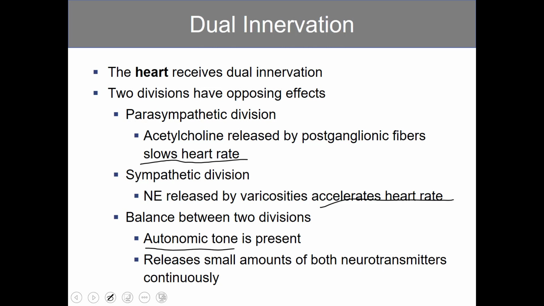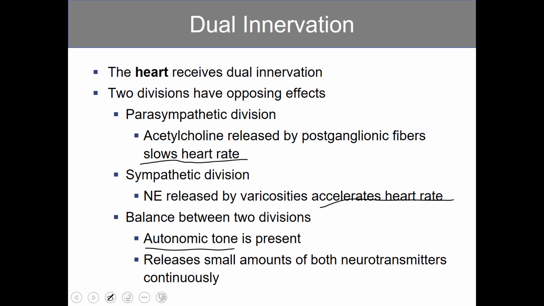If you recall, muscle tone occurs when you have at least one motor unit in a state of contraction, giving the muscle a slight bulge, hence definition. We also have autonomic tone. Both the parasympathetic and sympathetic divisions are constantly releasing a small amount of neurotransmitter.